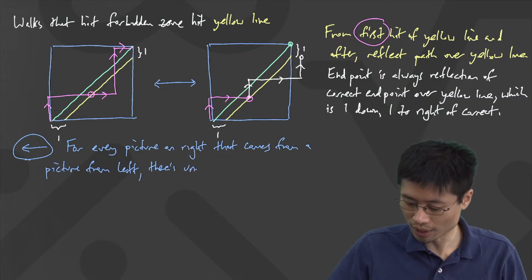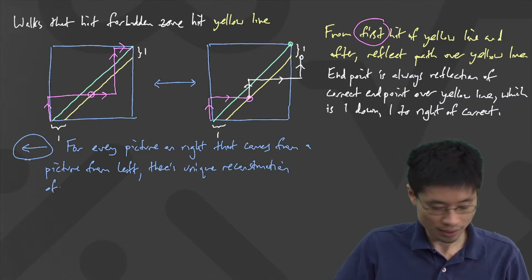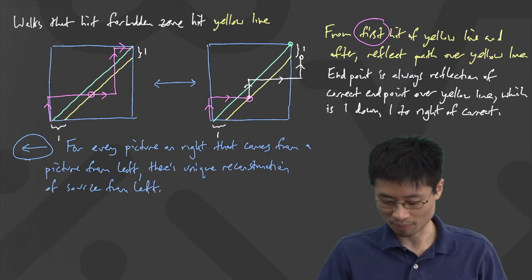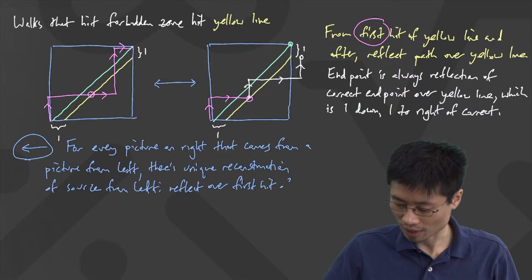There's a unique, I'll call it reconstruction of the source from the left. You know exactly where it came from. And that is just reflect over the first hit of yellow.